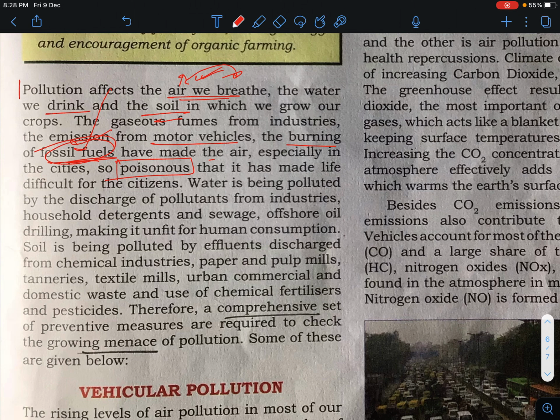These emissions affect the air and cause air pollution, which becomes so poisonous that it makes life difficult for the citizens.